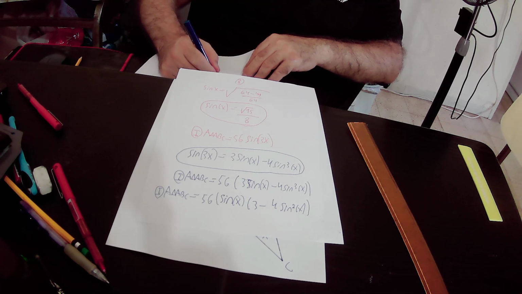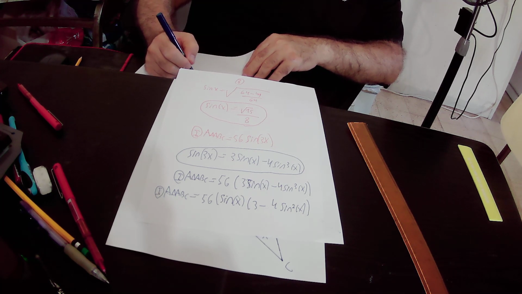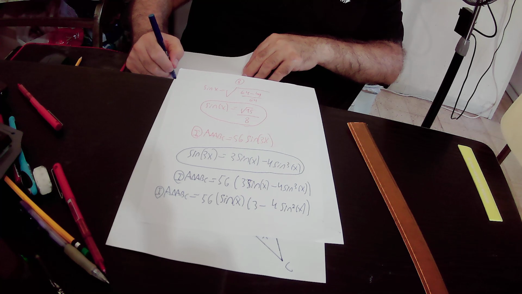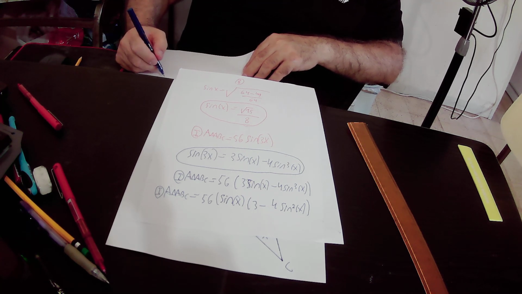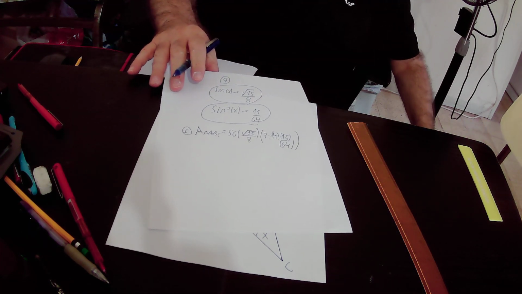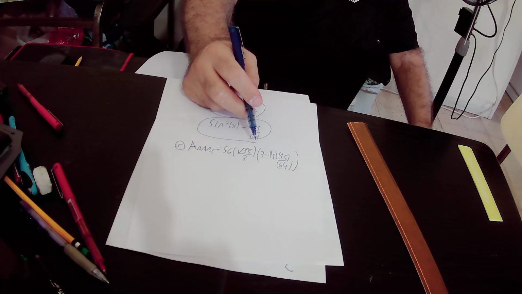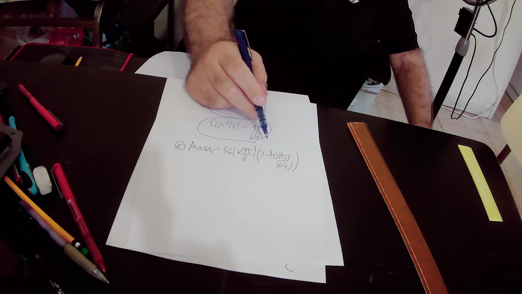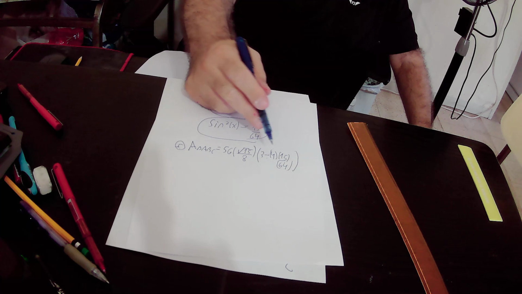Okay, so we will do it now, and the area of triangle ABC will be equal to 56, times sine x, which is root 15 over 8, times 3 minus 4 times sine squared x, which is 15 over 64.